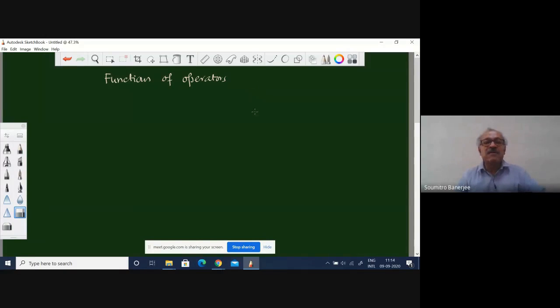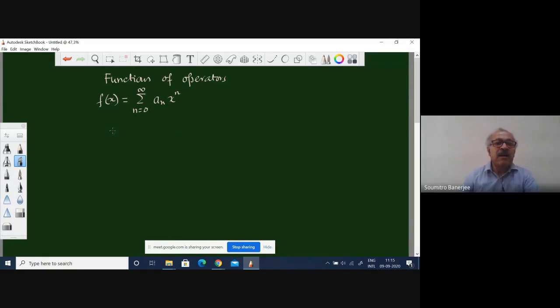And since functions can be expressed in terms of polynomials, you can define, for example, f of x as some algebraic variable x, in a polynomial expression. In a similar way, you can define polynomials of matrices.